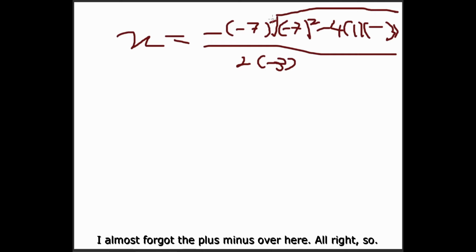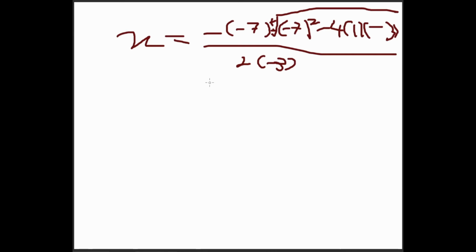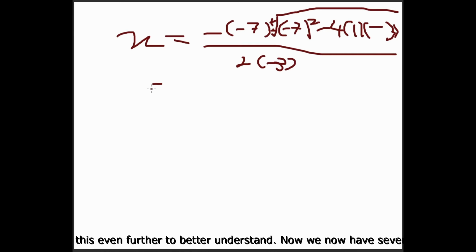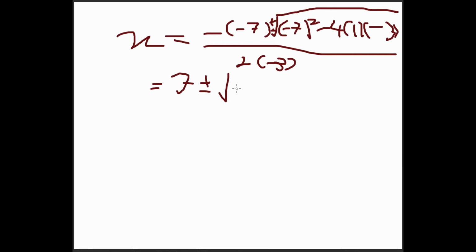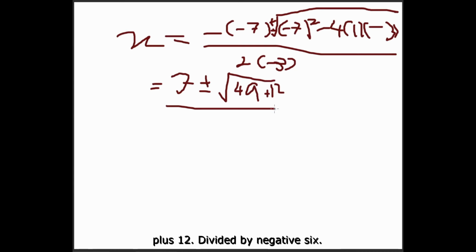I almost forgot the plus minus over here. Alright, so let's simplify this even further to better understand. Now we have 7 plus minus square root 49 minus negative 4 times negative 3, 12, plus 12, divided by negative 6.